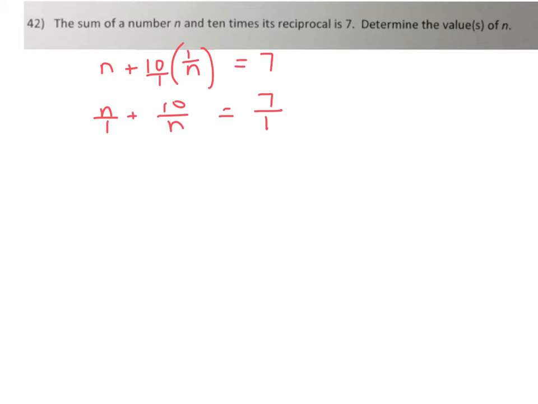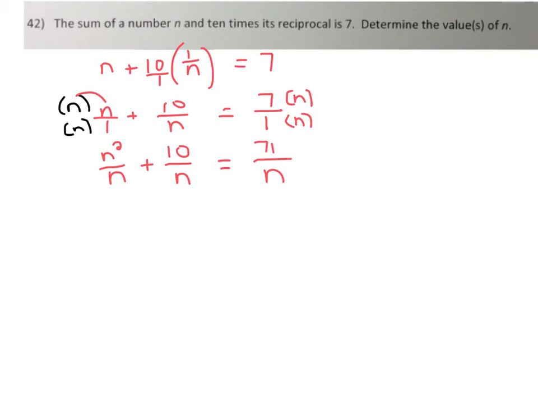Okay, so now we can see our common denominator is going to be an n. So that's going to be fairly straightforward to get. Our first fraction, we're going to multiply by n over n. So that leaves us with n squared over n. Our second fraction already has the n, so I'm just going to leave that 10 in the numerator. And the last fraction, we're going to also multiply by n over n. So that'll leave me with 7n over n.